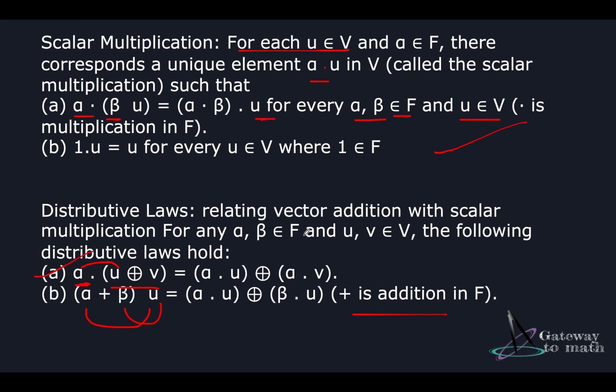The first one is vector addition is closed in the vector space, scalar multiplication is closed in the vector space, and distributive laws hold in the vector space. And when we say it's closed in the space, that means when you multiply it, the value is still in the set, and when you add it, the value that you get is also a part of the space. So that is why we say it's closed under those operations.